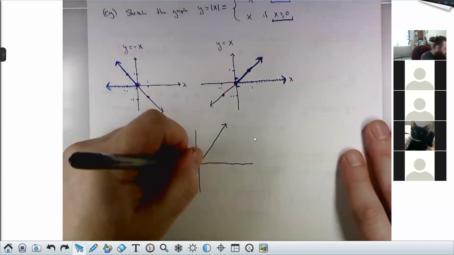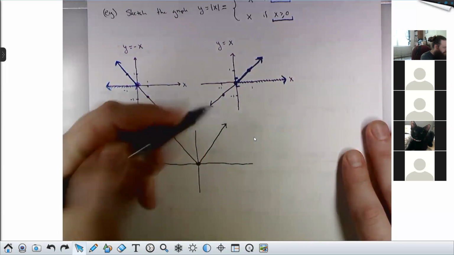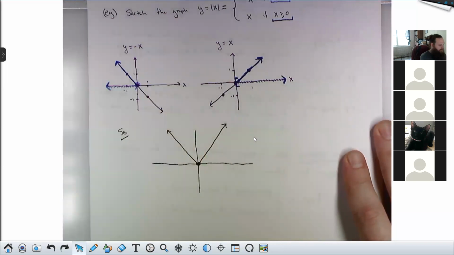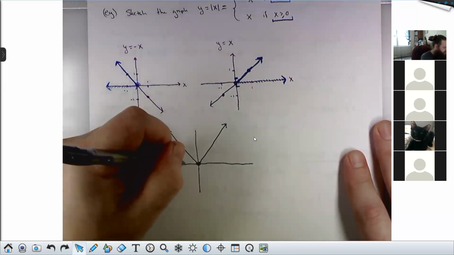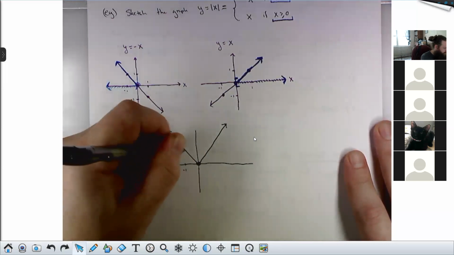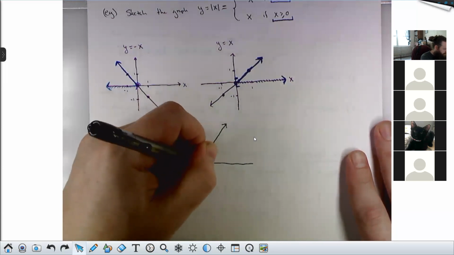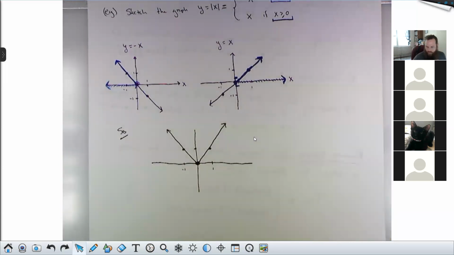And the point at the origin is coming from this piece, not from this piece. That's it. There's your graph.